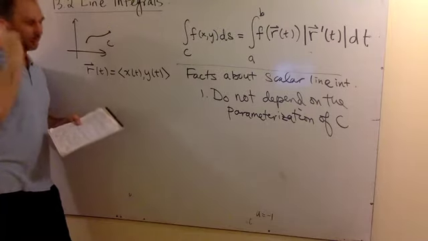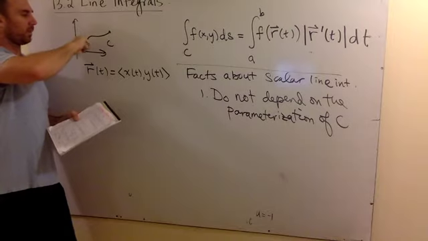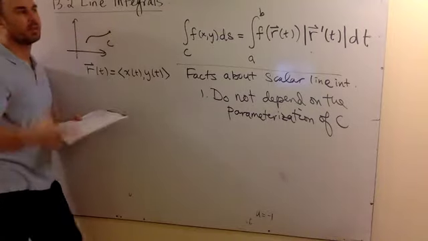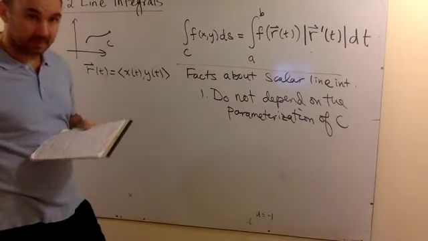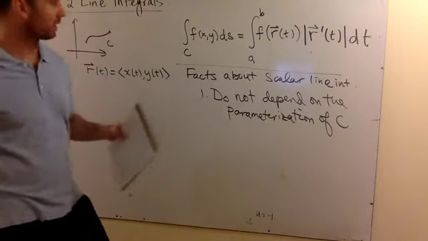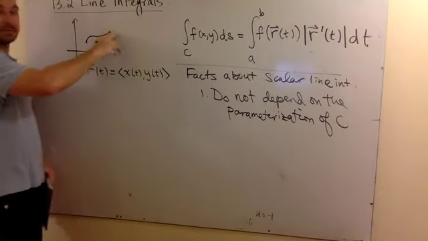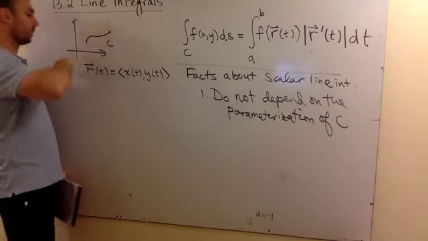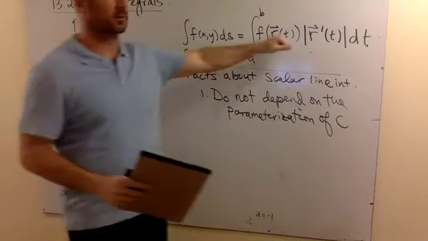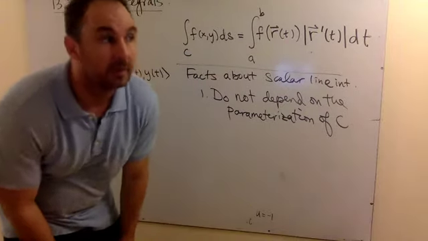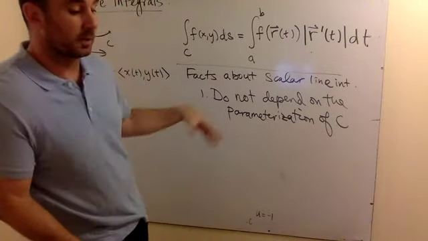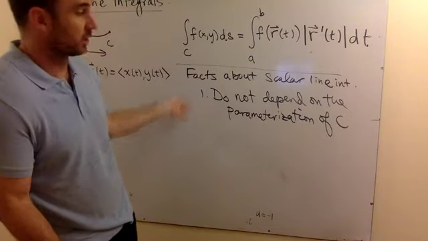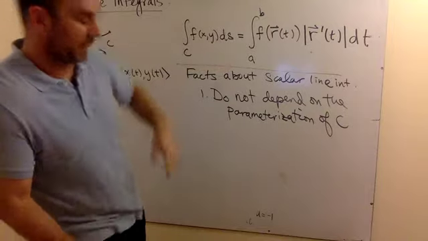Now, there's one little caveat. If I pick a parameterization that traverses this curve several times, like it goes back and forth, you won't necessarily get the same answer. But as long as it just travels the path C once, it can start here and go there, or start at this point and go back, you're going to get the same answer no matter what parameterization you use. So think about the last example. I used this cosine and sine parameterization. I could have also used a square root parameterization to describe that.